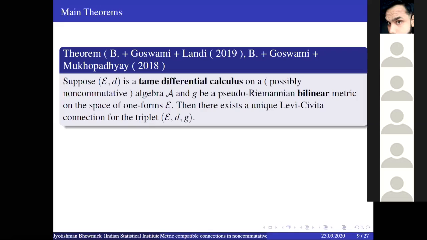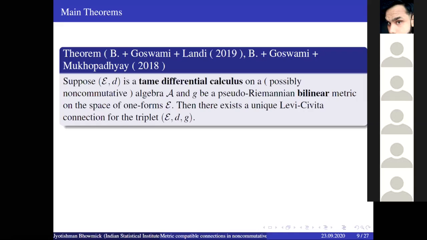Here we applied some condition on the differential calculus, and we worked with metrics which are both left A-linear and right A-linear, and we saw that we have a unique connection.